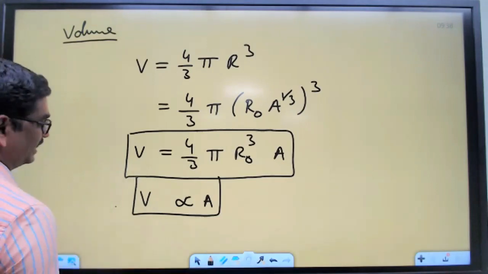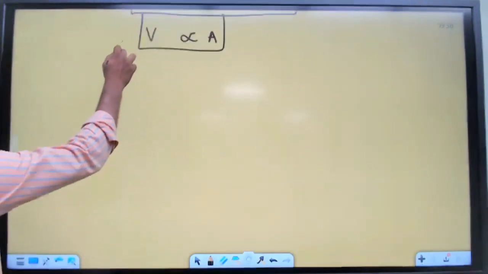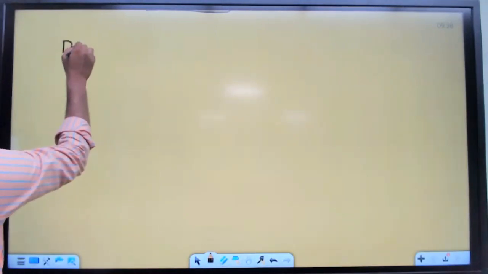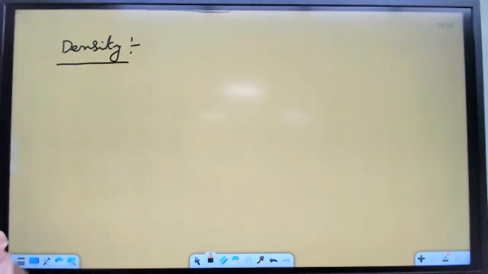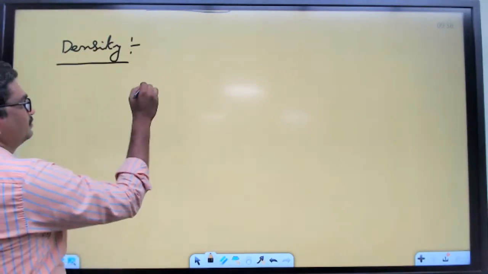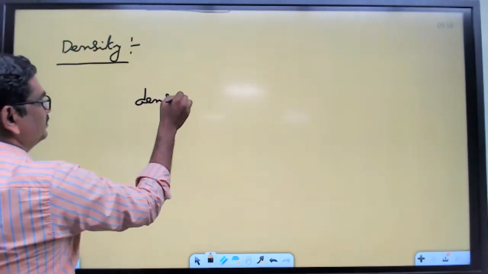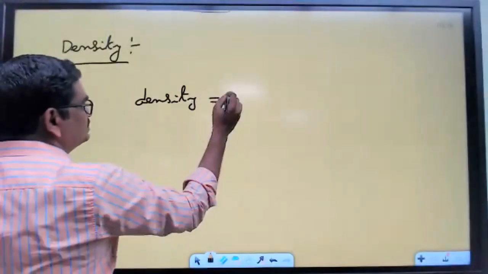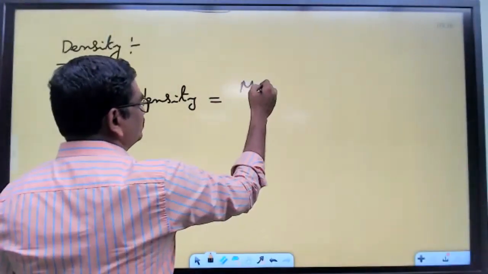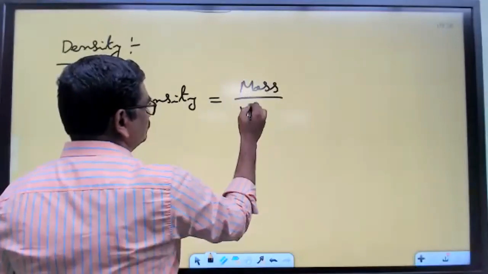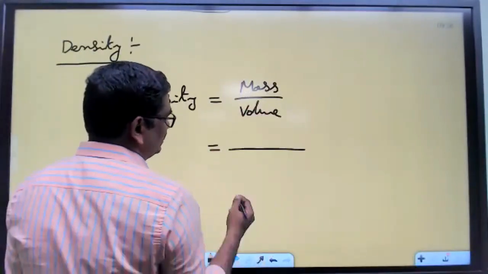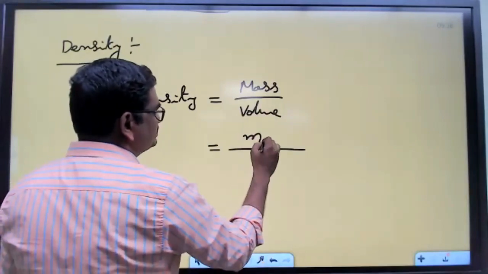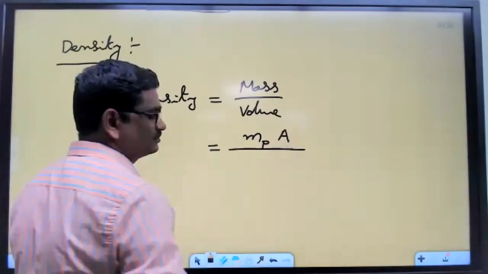Next reading: nuclear density, or density. Density basic formula: density equal to mass by volume. So the mass of the nuclei can be written as the mass of each nucleon into the number of nucleons.